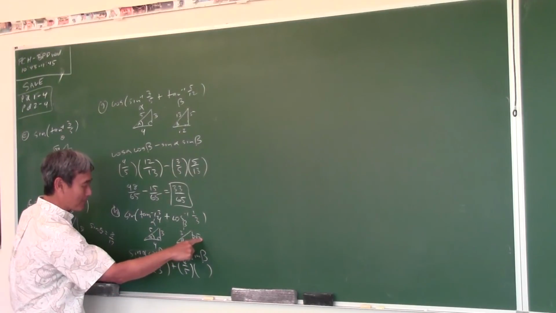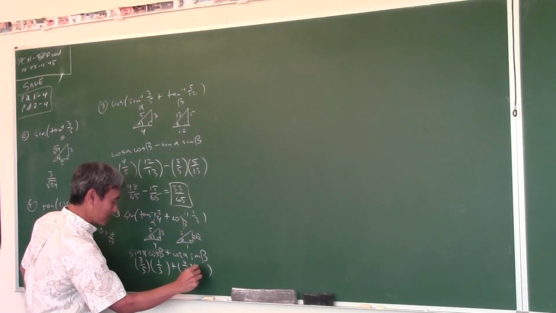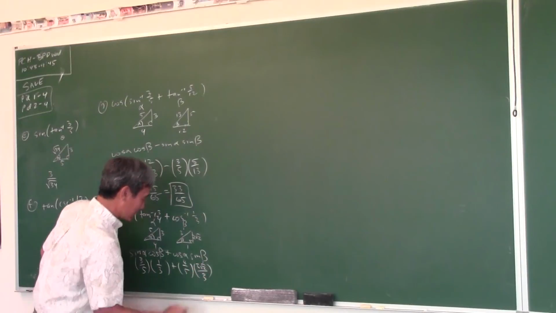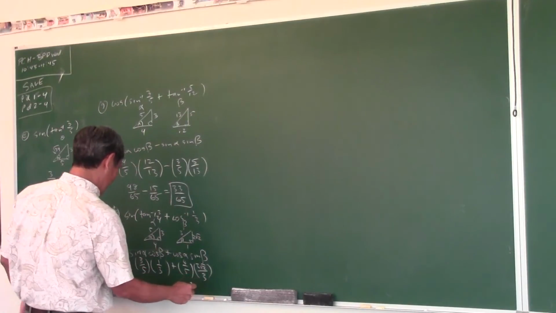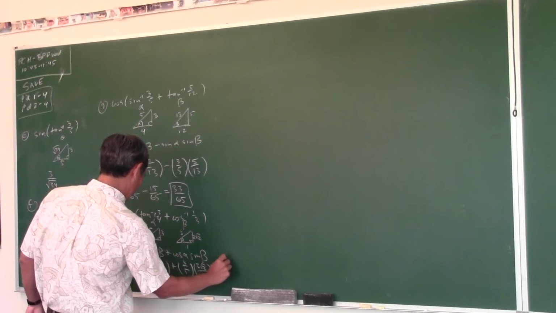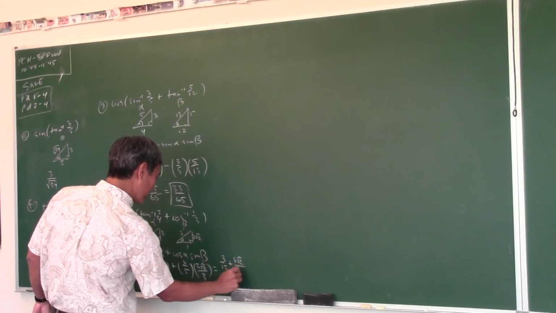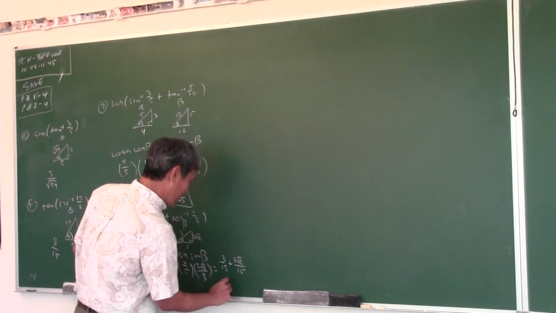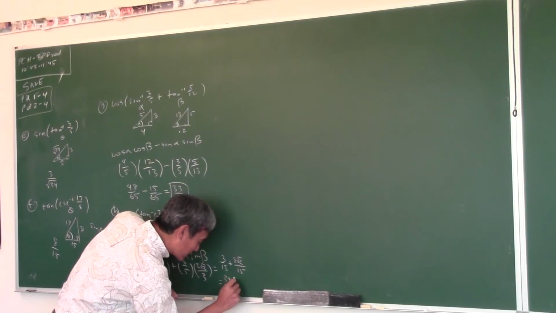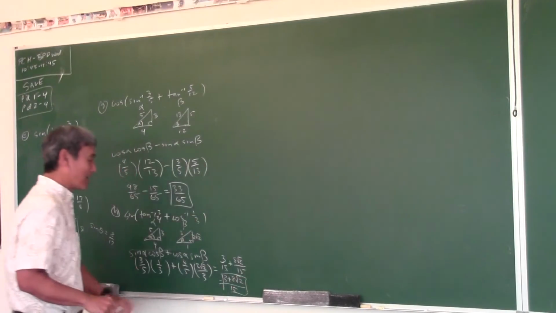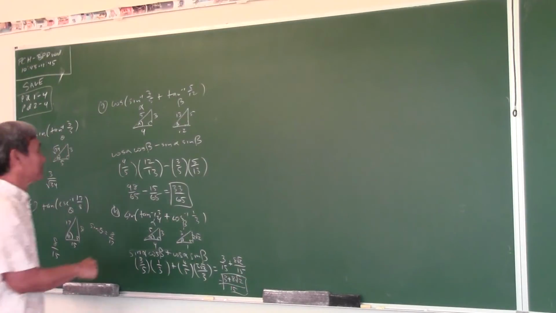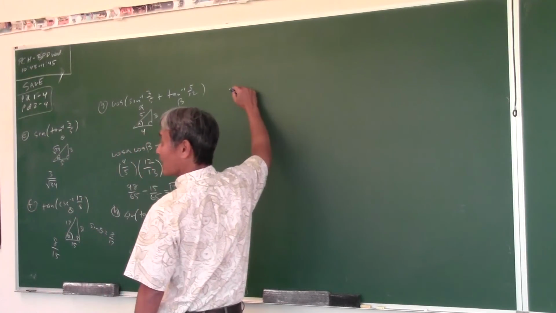Sine beta, opposite over hypotenuse. And then you just compute that. Okay, do we need to compute that? Okay, I will. This is equal to 3 over 15 plus 8 root 2 over 15. So the final answer will be 3 plus 8 root 2 over 15. Not all the answers can come out nice. 2 more problems to go, I hope.